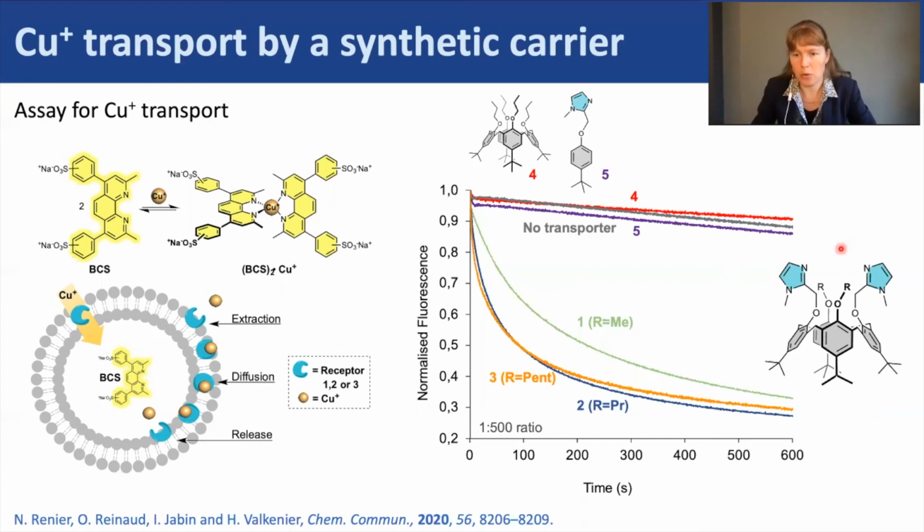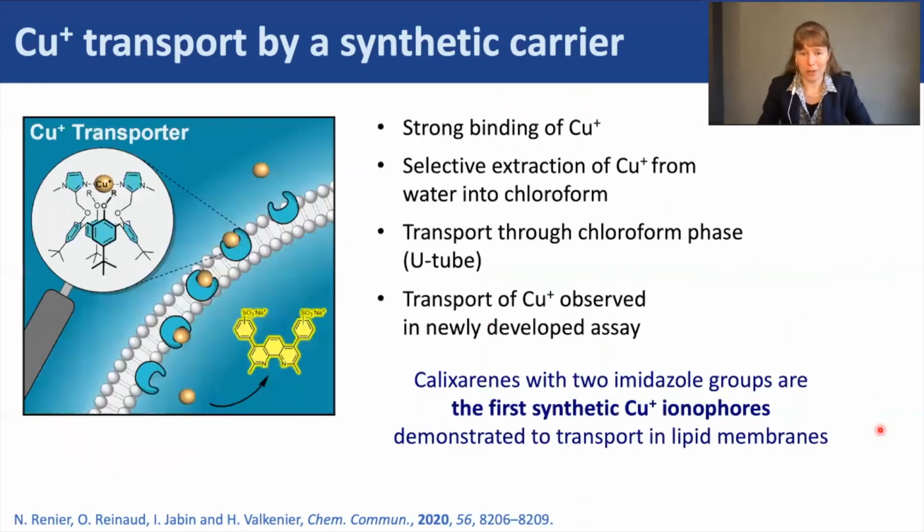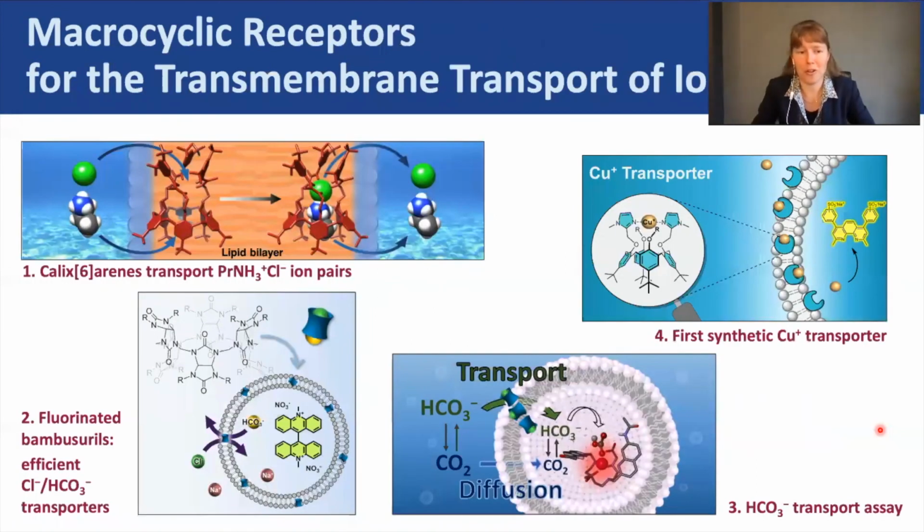So these 2 imidazole groups nicely pre-organized on this calixarene macrocycle give indeed copper(I) transport. And this is the very first time that copper(I) transport was demonstrated by synthetic compounds. And it's quite interesting because copper in biology is quite important, and it's transported across membranes in its copper(I) oxidation state. Well, here I've shown you 4 examples of transport of ion pairs, anions or cations by macrocyclic carriers.